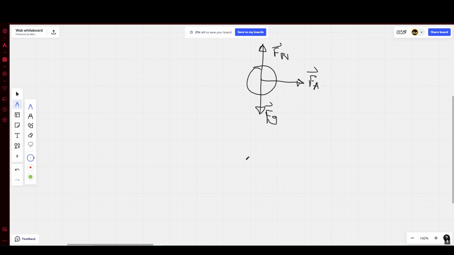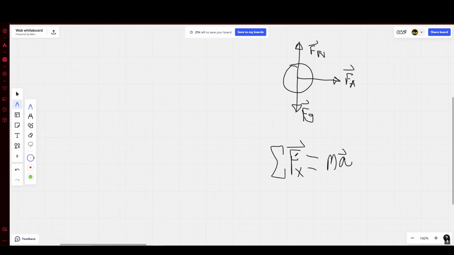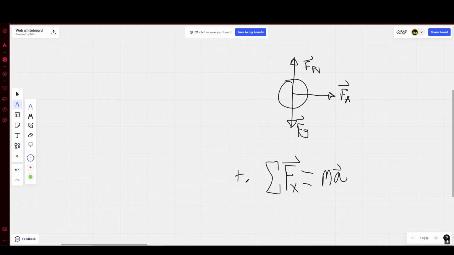So, remember, first we're going to write the sum of all forces in the x direction, so we'll just write Fx here is equal to mass times acceleration. And remember, the positive axis, because vectors need to take into account direction, is going to be right. So we'll just put an arrow pointing right there.